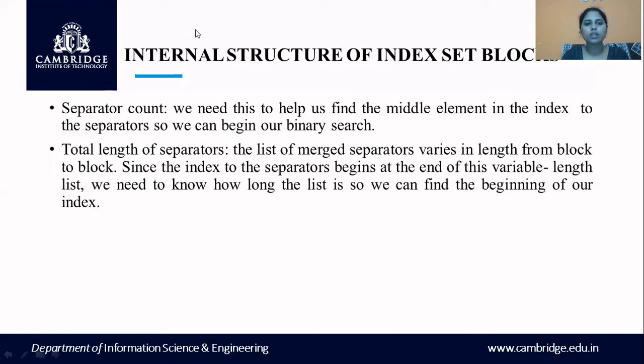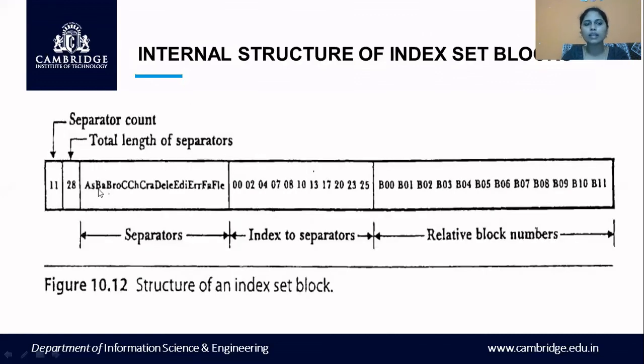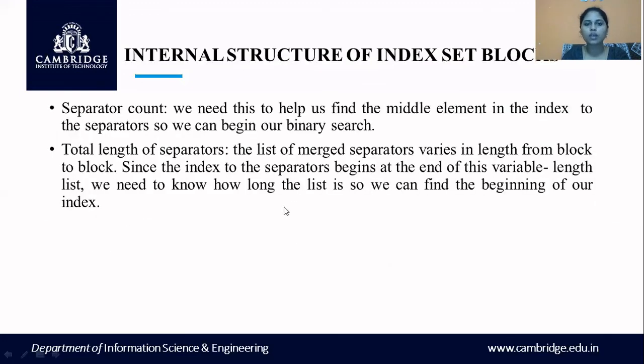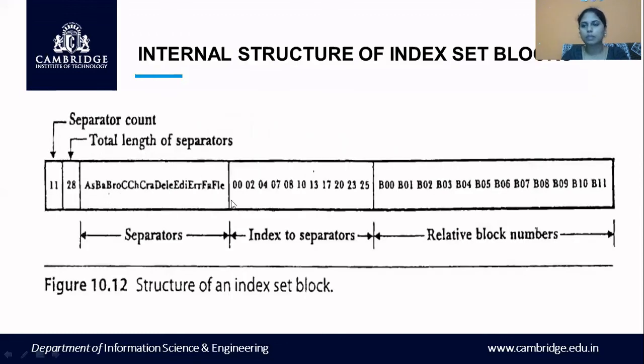The next one is total length of separators. What is this total length of separators? How much length are the separators occupying? Because we are using variable length records in the case of simple prefix B plus tree, this length of the separators gives us the idea of the length occupied by your separators, so that after that length, we know the next data is going to start.